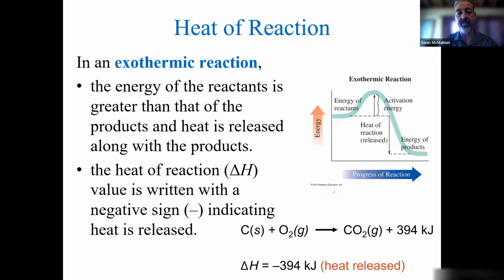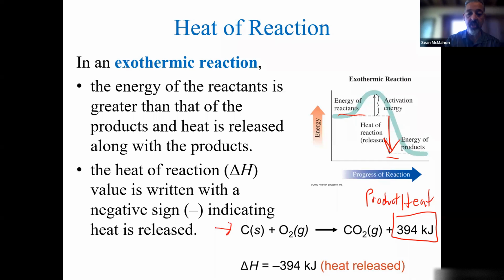So for exothermic, how would they indicate it? There's two ways. They can show you in the reaction if it's exothermic. So here's a case of an exothermic, there's excess energy. They would just write the heat value on the product side because they're saying it's producing heat, it's releasing the heat. So if it's exothermic, they could write the heat on the product side, or they don't even include it in the balanced equation. They just write delta H equals, and there's a negative to show you that it is exothermic.